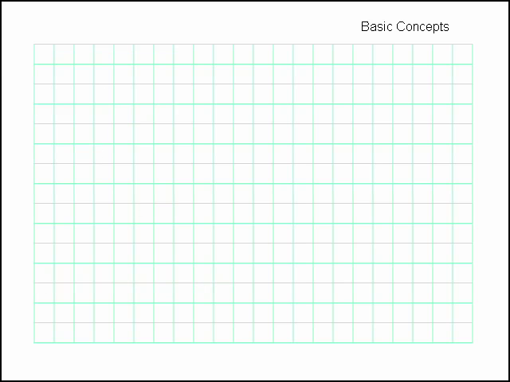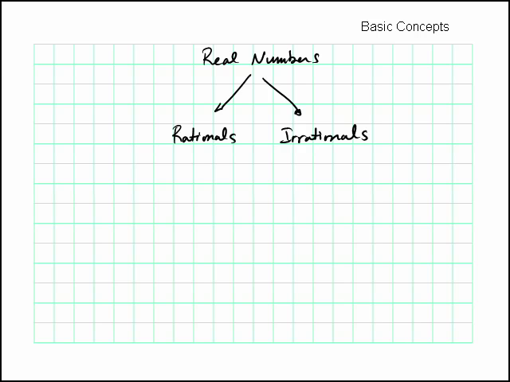So real numbers, what are real numbers? Real numbers consist of your rational numbers and your irrationals. You put your rational numbers together with your irrational numbers, and what you have is the set of real numbers. Within rational numbers, you have integers.